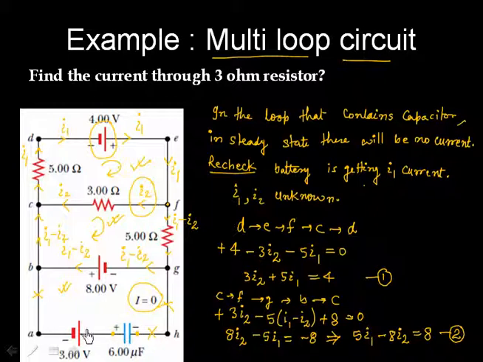If I go from here to here, I will have 3 volt, and the final is negative, so minus 3 volt. And if I am going here, once again this is negative, so minus 8 volt, so minus 3 and minus 8, minus 11 volt, plus the potential across this capacitor equals 0.